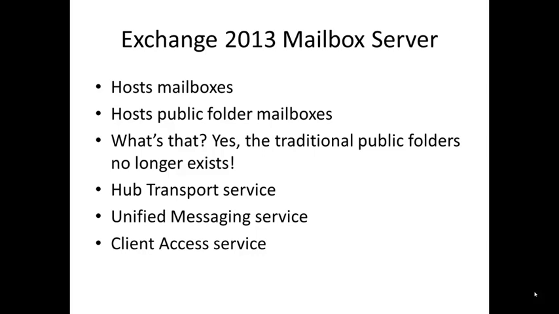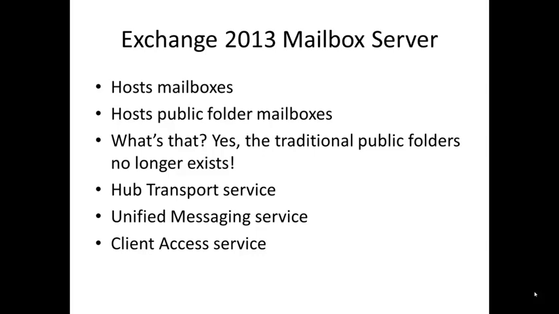And the mailbox server. It hosts, of course, mailboxes, but it also hosts public folder mailboxes. The traditional mailbox infrastructure now hosts public folders. So there's a public folder mailbox, a hierarchy mailbox, and there are no longer public folder databases. Also on the mailbox server is the hub transport service, the unified messaging service and the client access service.